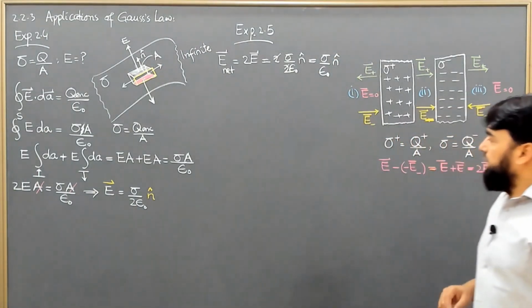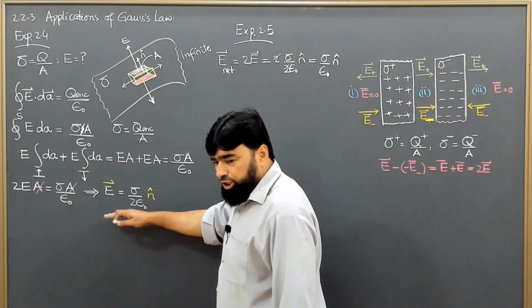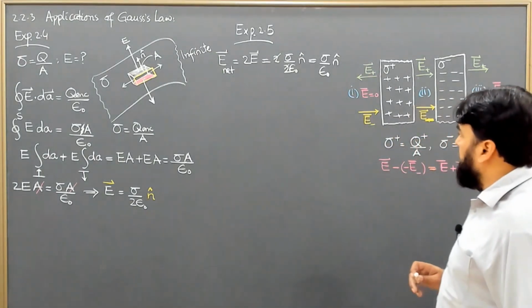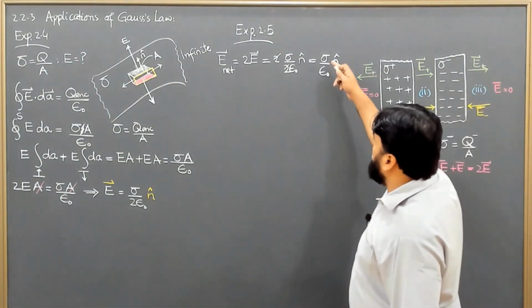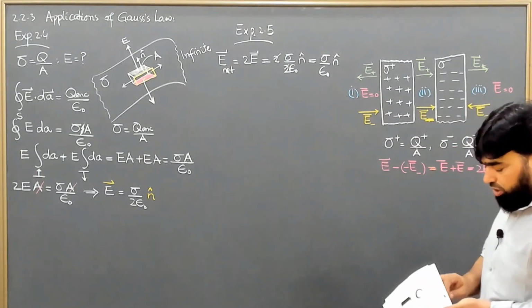This means that this was the field of one sheet, so it was half of this sigma over epsilon naught, and for the two sheets this is equal to sigma over epsilon naught.